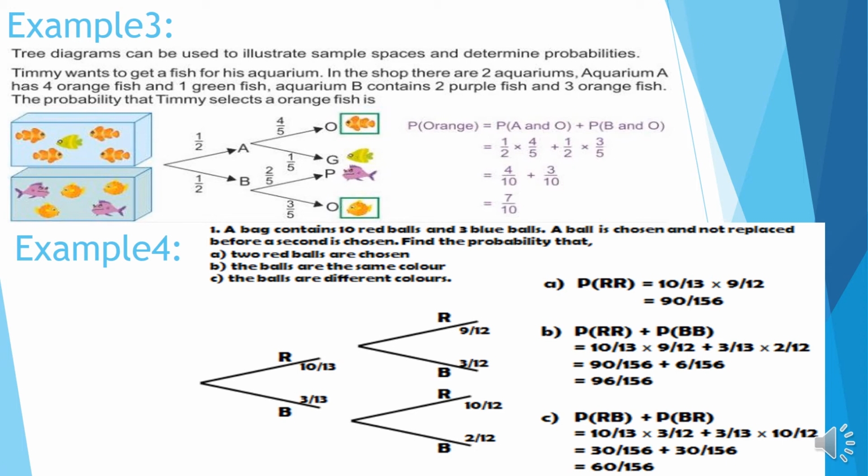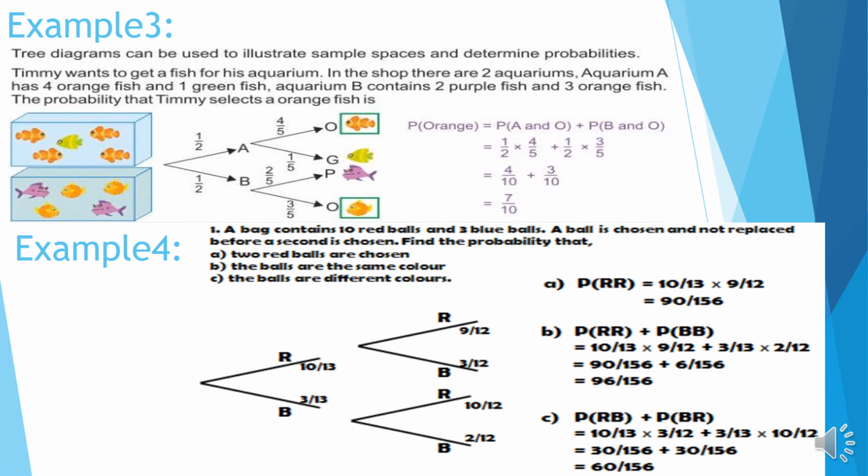Find the probability that: A, the 2 selected balls are red; B, the 2 selected balls are of the same color; C, the 2 selected balls are of different colors. So now we have 3 questions.